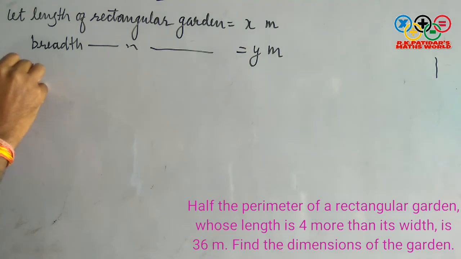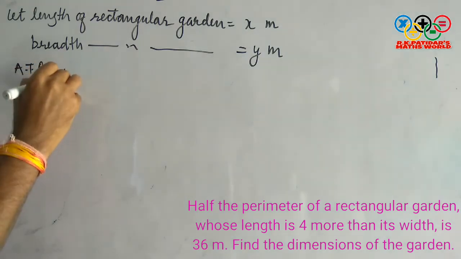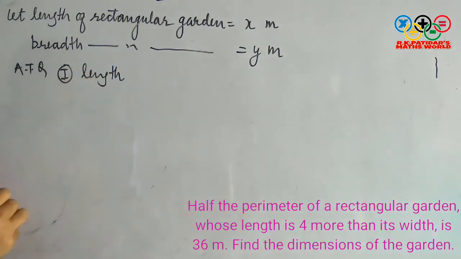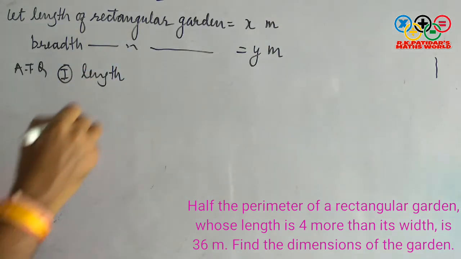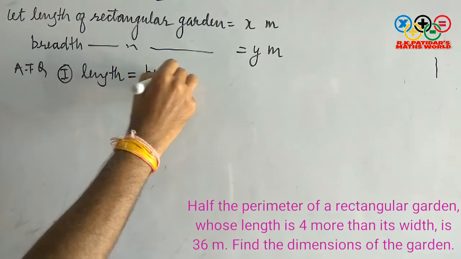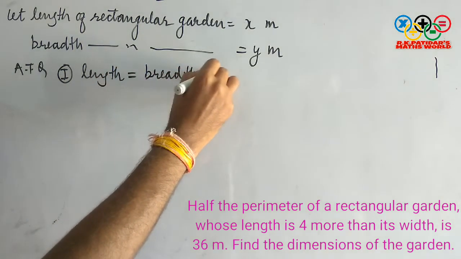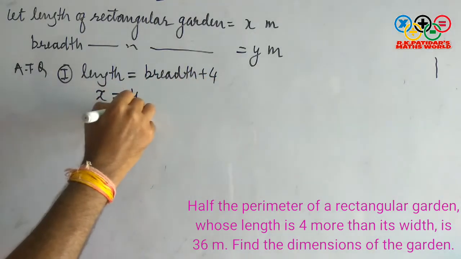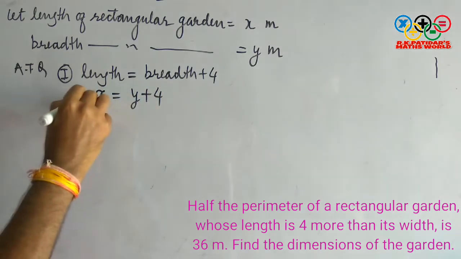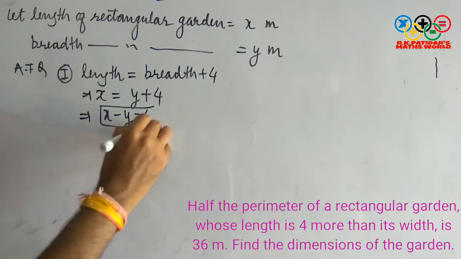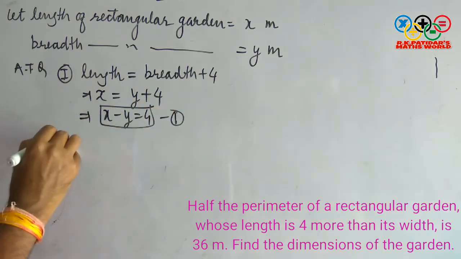Now according to the question, the first condition is the length is 4 more than its width, means length is equal to breadth plus 4. breadth से 4 ज्यादा है, means x is equal to y plus 4, means x minus y is equal to 4. This is the first condition.